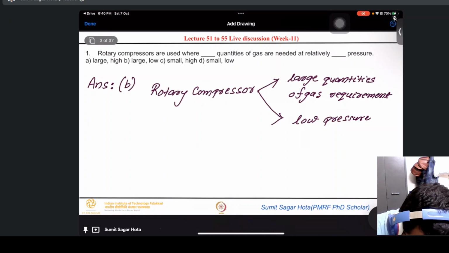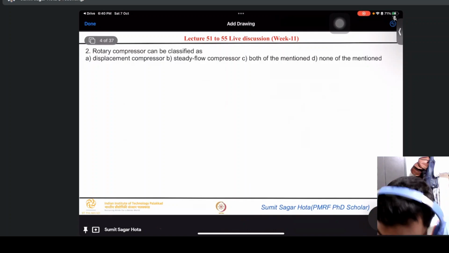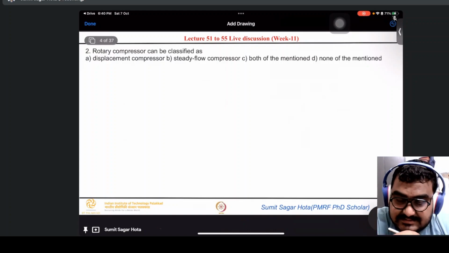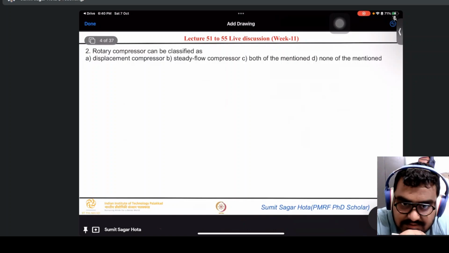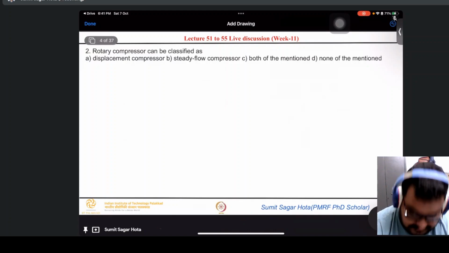Next question. The rotary compressor can be classified as dash. There are two types of rotary compressors available. One is the displacement compressor, and the other is the steady flow compressor.